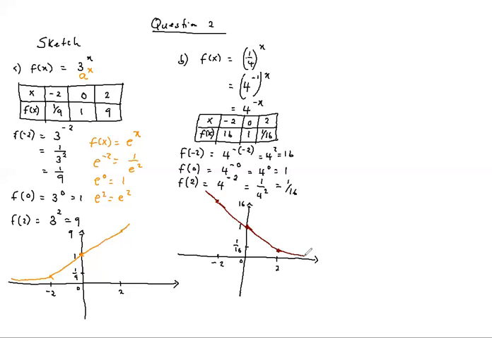This graph does not touch the x-axis for very simple reasons: there is no number that when we put as the power of 4 will give us 0. So we'll never have f of x to be 0. That's why we are showing that this graph is not touching. It will just go like that. Even here it's the same thing. It won't touch.